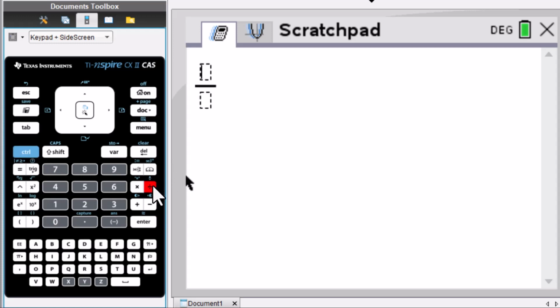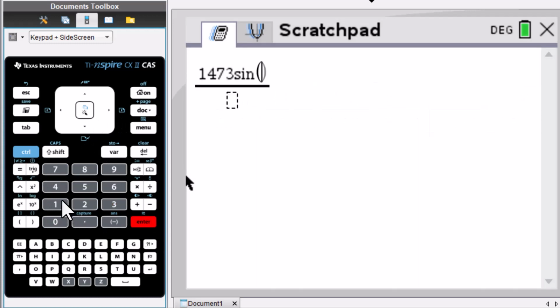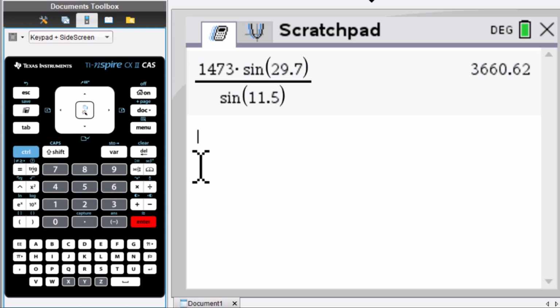Control divide: 1,473 sine 29.7 over sine 11.5. Enter.